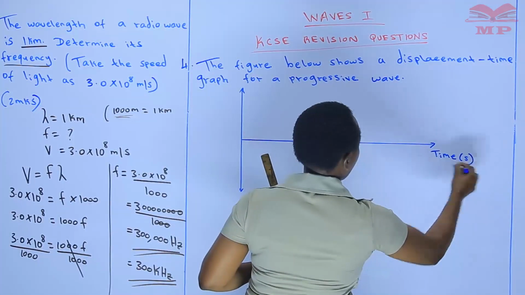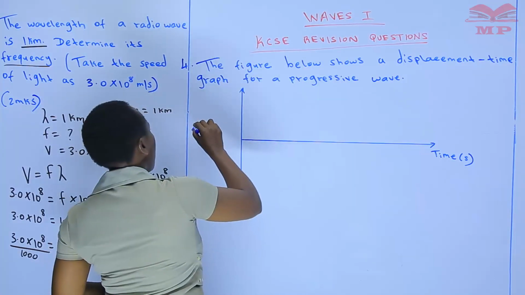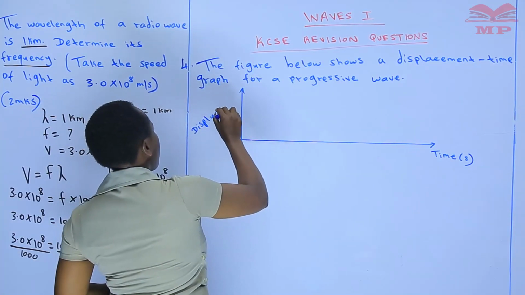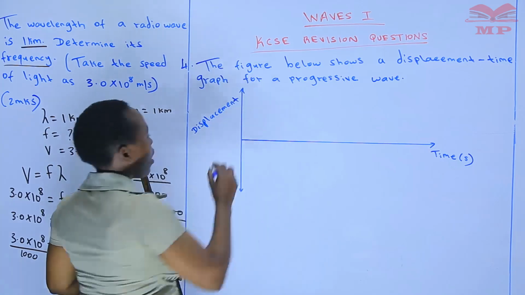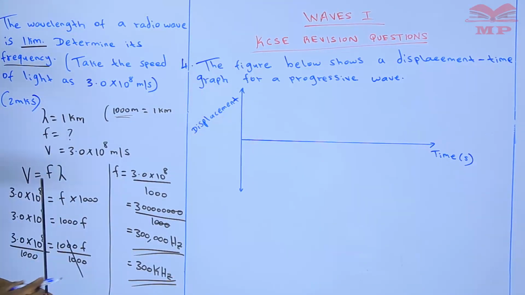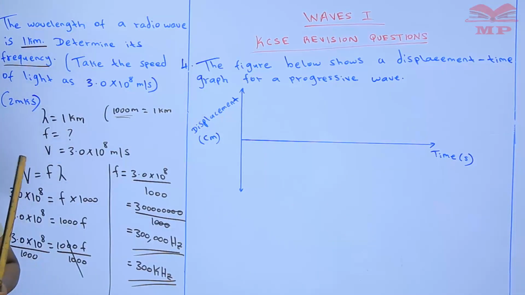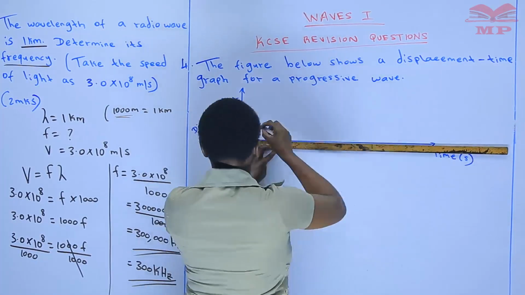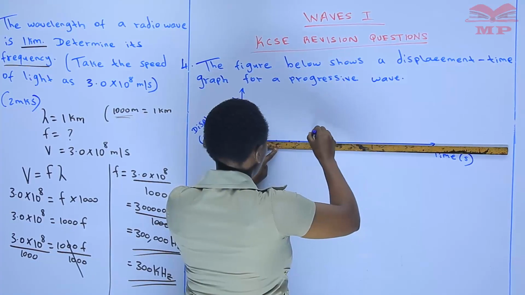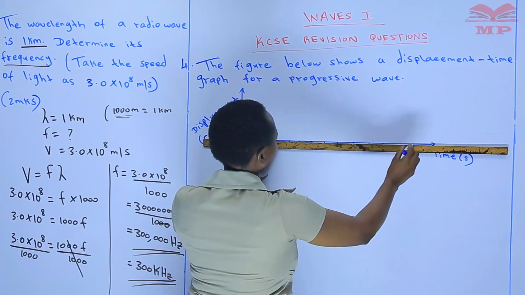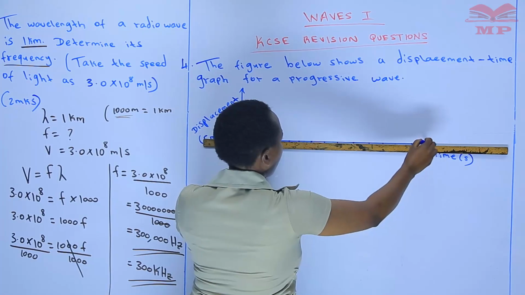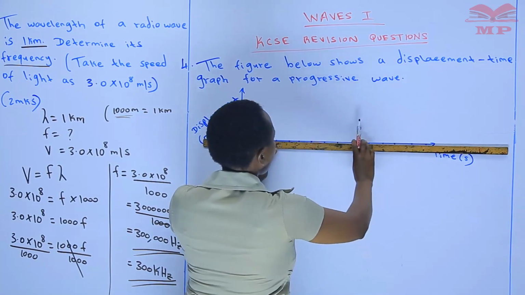This is time in seconds, and here we have our displacement, and the displacement is in centimeters. So then we have our wave. We want to draw the wave, and from it we can now answer the questions.